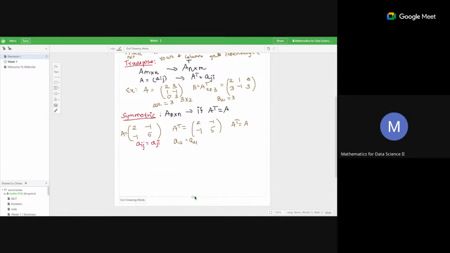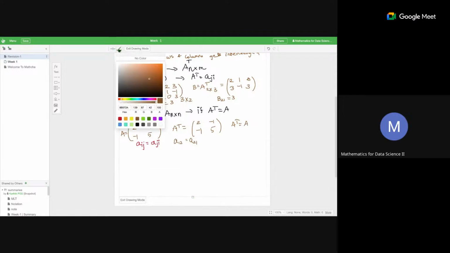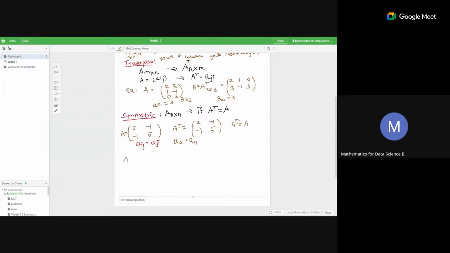So let us see another example for a 3 by 3 matrix. A is equal to, I will write only one half. Let me see how many of you are able to manage the other half. Can you tell me what are the 3 entries here? What should be this entry? 3, -1 and 2.